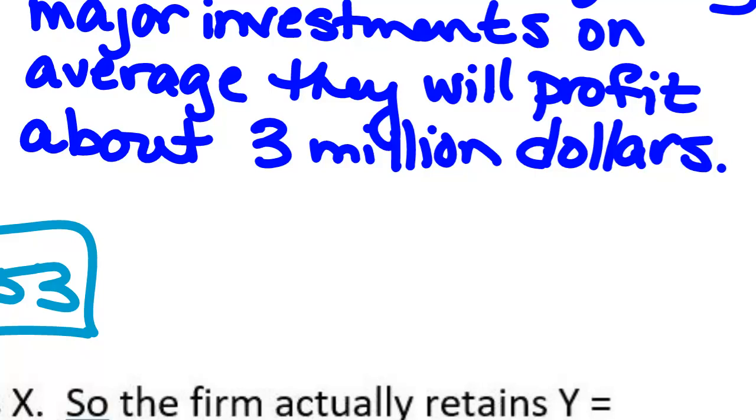All right. Picard owns its source of capital, a fee of $200,000 plus 10% of the profits X. So the firm actually retains Y equals 0.9x minus 0.2 from the investment. Use a linear transformation of your results in A and B to find the mean and standard deviation for Y.